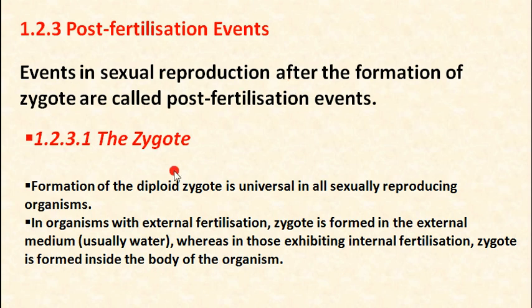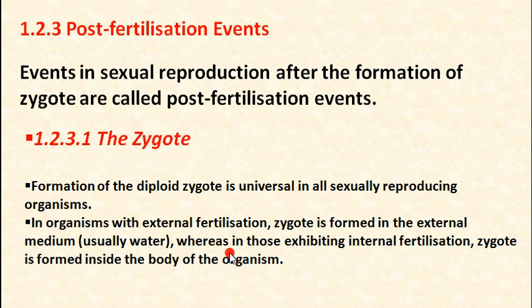Now what is zygote? Okay, so formation of diploid zygote is universal in all sexually reproducing organisms, meaning that this zygote is very important in all the organisms which reproduce sexually. So in organisms with external fertilization, the zygote is formed in the external medium, usually in the water.